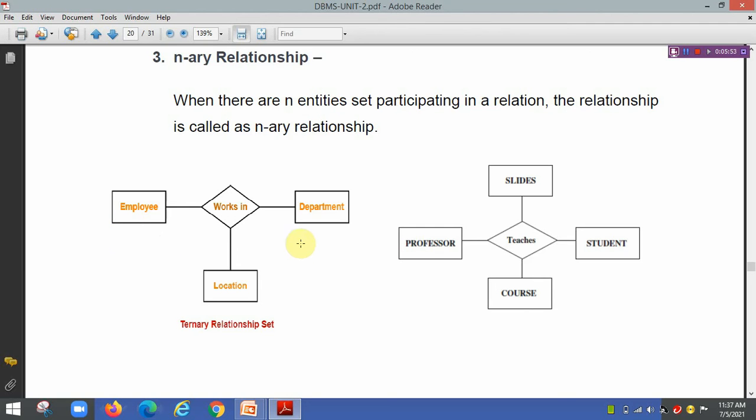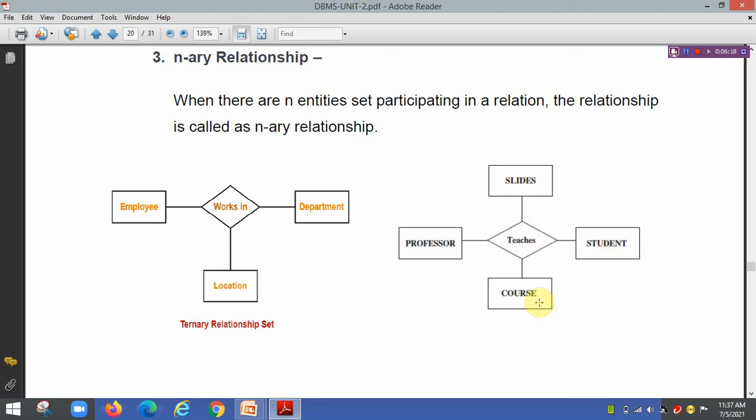In this way, this one is our quaternary relationship. Here 4 entities participate. One is professor, another is slide, third is student, fourth is course. Professor teaches the student, professor teaches using slide, professor teaches in that course.